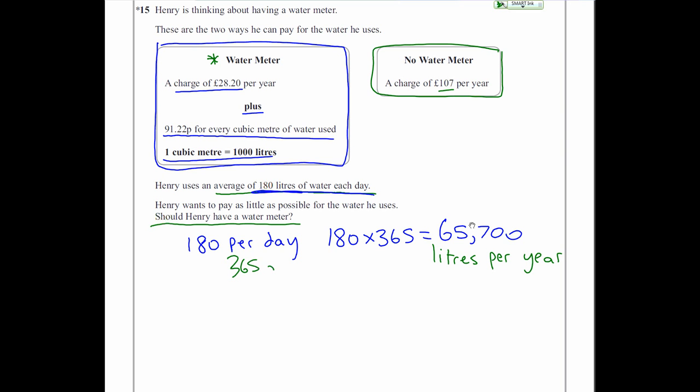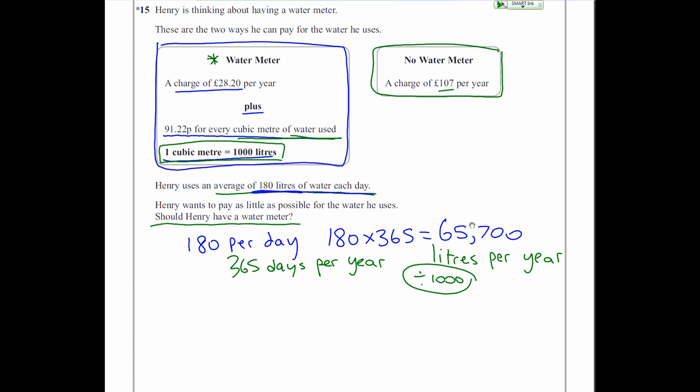365 days per year. Now for each cubic meter of water used, we know the price. So we want to know how many cubic meters. So what we need to do is divide by 1,000.